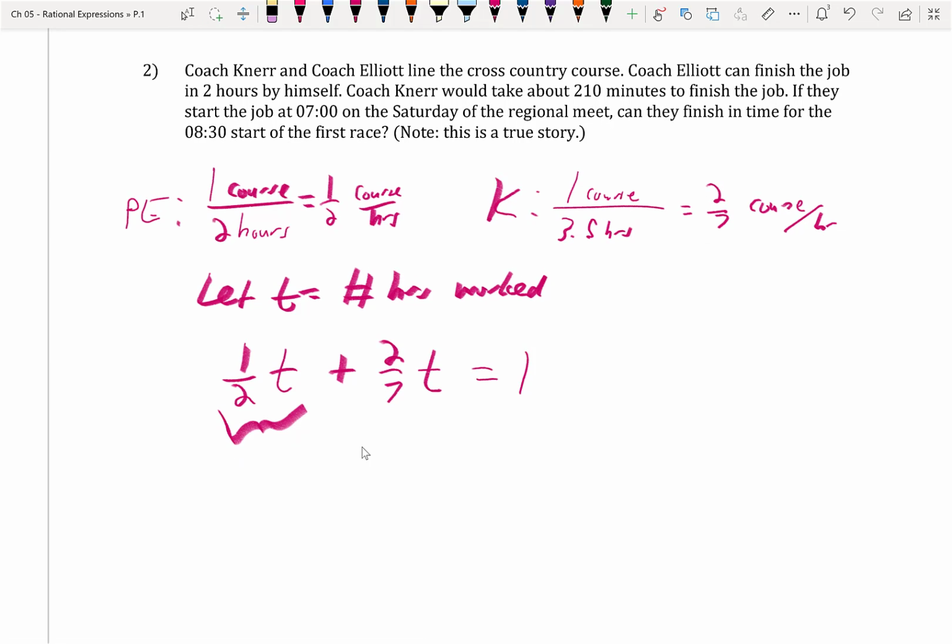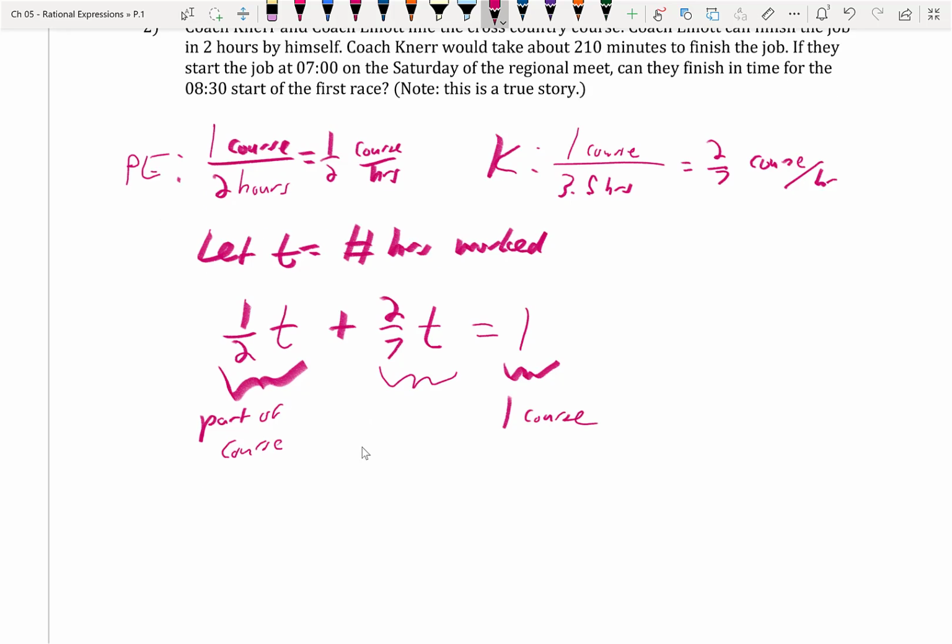Let's rephrase this: the 1/2 t is the part of the course that I do, plus another part of the course, equals the one whole course. The units match. And that becomes extremely important for those of you in chem, who are going to be doing a lot with dimensional analysis to try to make your units work. Units will become more important than formulas.